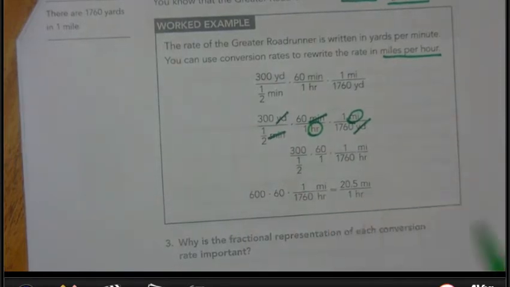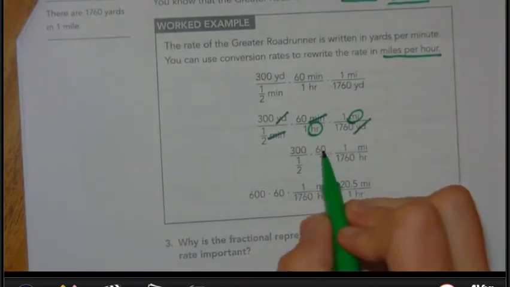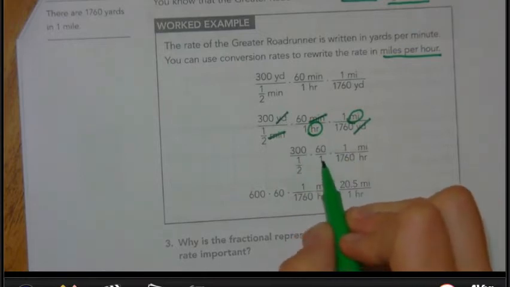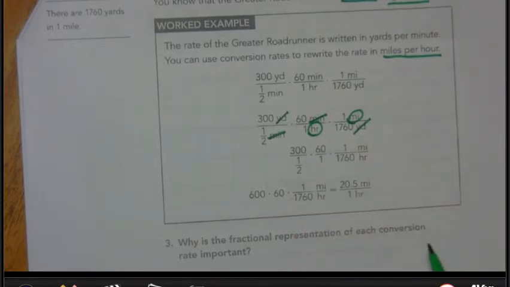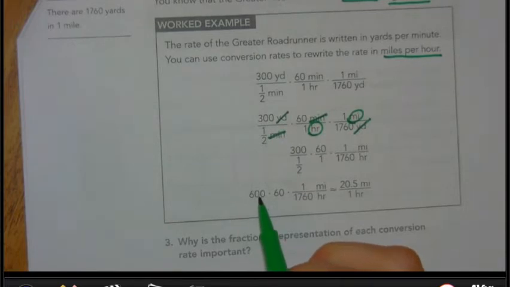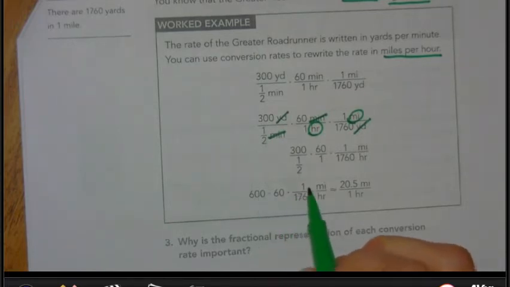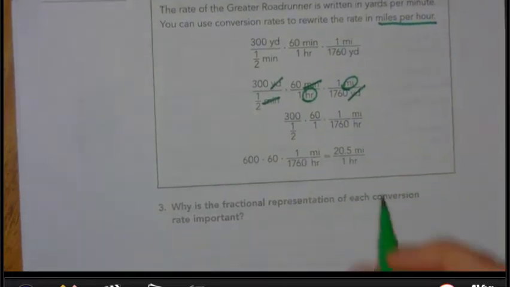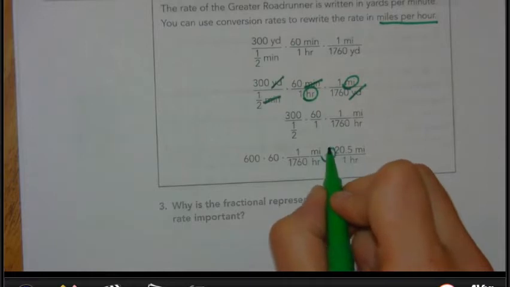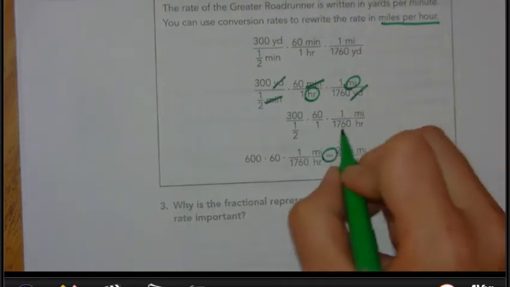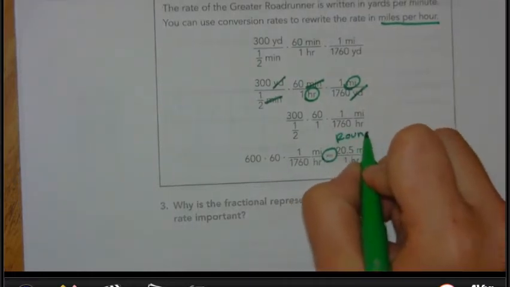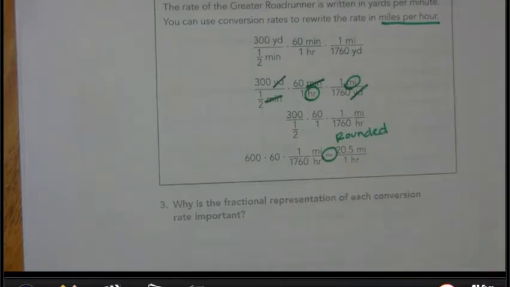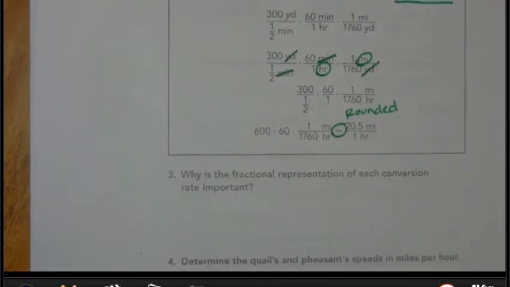All right, so they're left with 300 times 60 times 1 over 1/2 times 1 times 1,760. Okay, and that is equivalent to 20.5 miles in 1 hour. So this is not equal, this is equivalent, which means they rounded. Okay, if you ever see that, that means that answer is rounded to the nearest whatever.